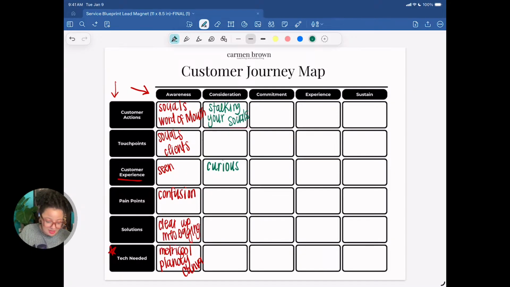Our touch points, again, are those socials. But at this point, well, we got another little trick up our sleeve because at this point, if they're really considering us, then they have decided to exchange their time, their email address. So now we have email marketing as a consideration factor.